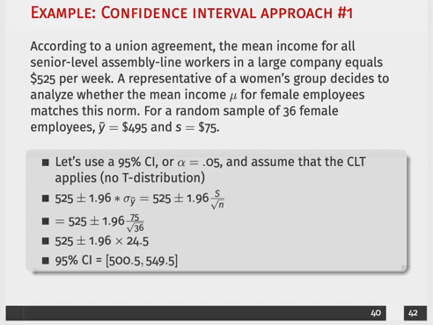Now, this does not correspond with what women make on average, right? The average woman was making $495 a week. And since this falls outside of the 95% confidence interval of senior level employees, we can reject the null hypothesis.